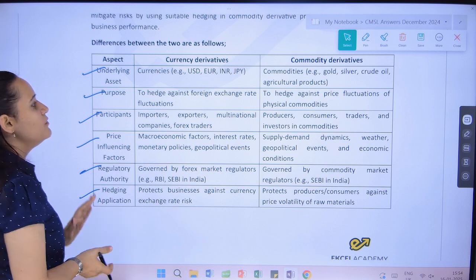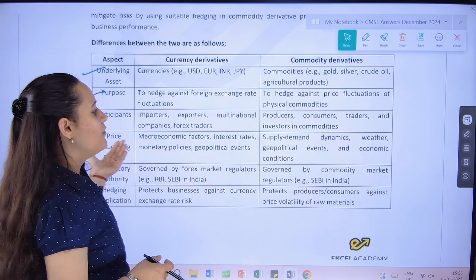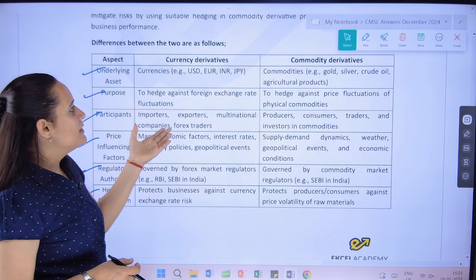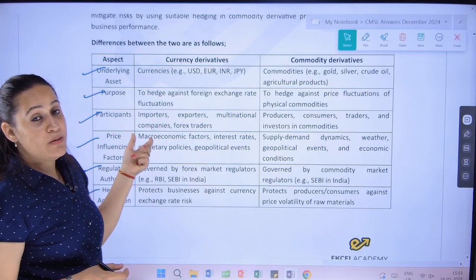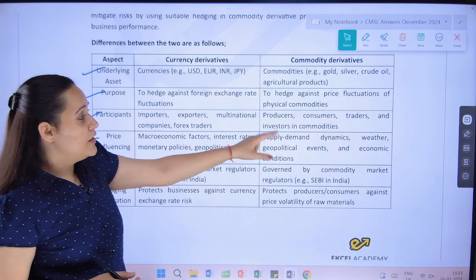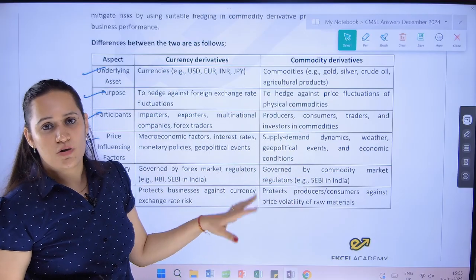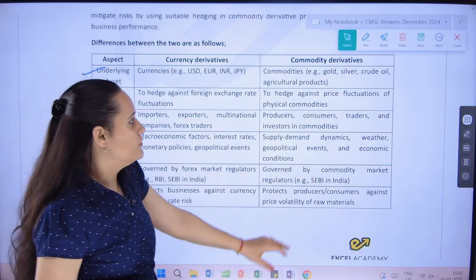So these are some of the differences that you can mention in the tabular format. Again, one more difference is whether we are actually buying the currency after that or not, or we are only hedging the risk. Whether it functions in the spot market, future market and options, that is also a point that you can mention as the difference.